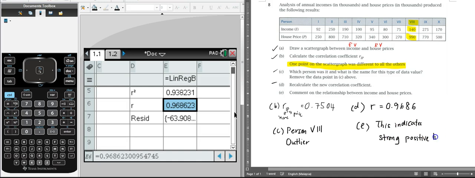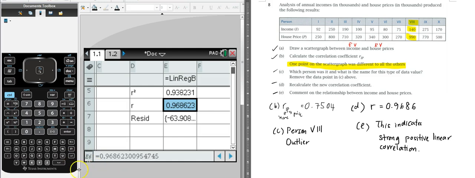Strong positive linear correlation. So this indicates strong positive linear correlation. So that is the correct answer to write for E. So that's all for question 8. So thank you.